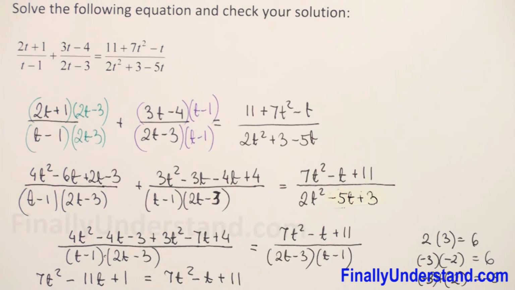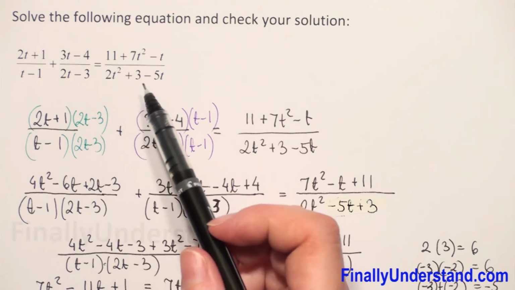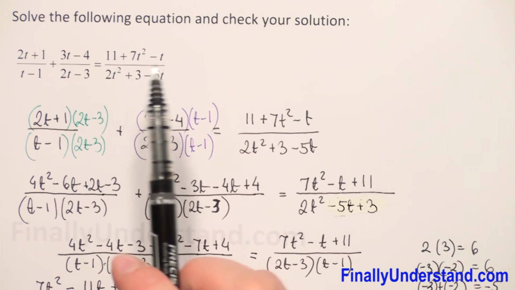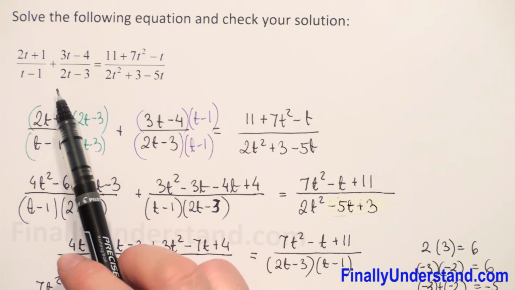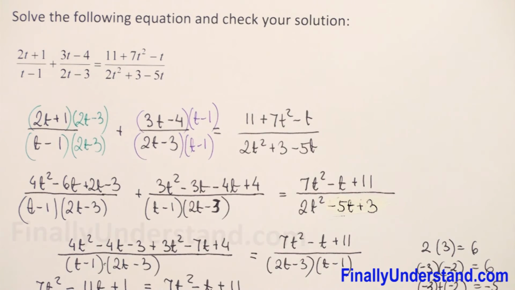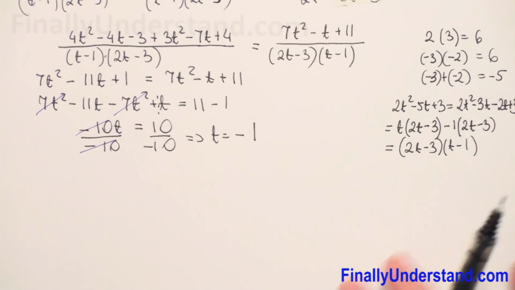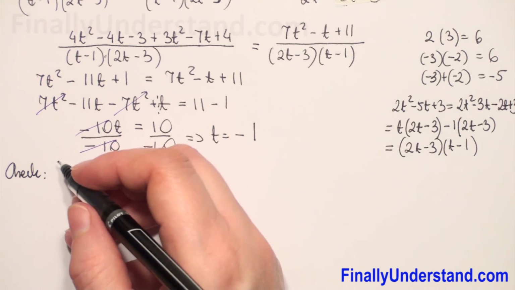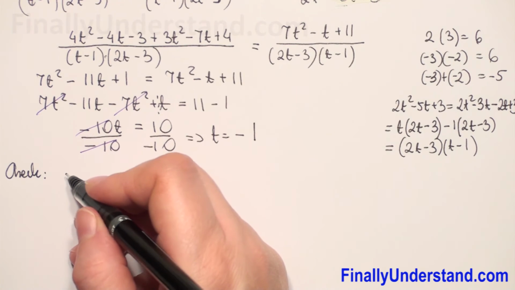How do we do this? We have to come back to our original equation. We have to substitute t's by negative 1, and when the left side is equal to the right side, it means that our solution is correct. So let's do this. We have to first rewrite our equation.